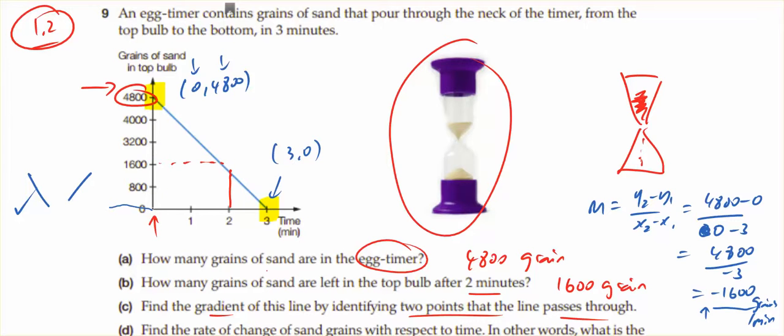That doesn't make sense. Nor would going beyond t equals 3 minutes make sense, because once all the sand goes down to the bottom, it wouldn't make sense to have negative grains of sand at the top. If we extend it beyond 3 minutes, the graph wouldn't make sense because you'll have negative grains of sand.